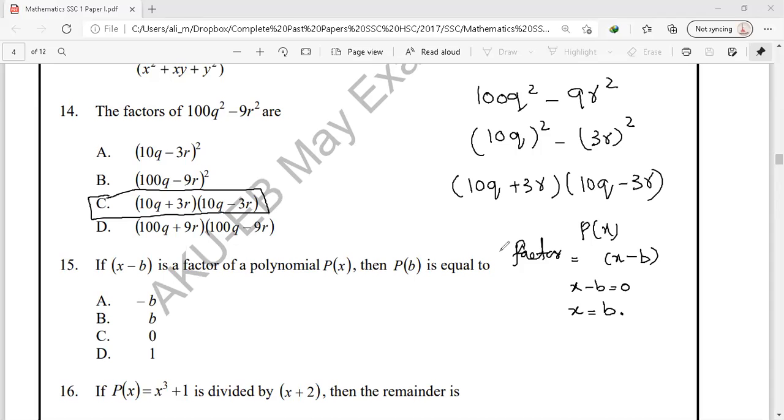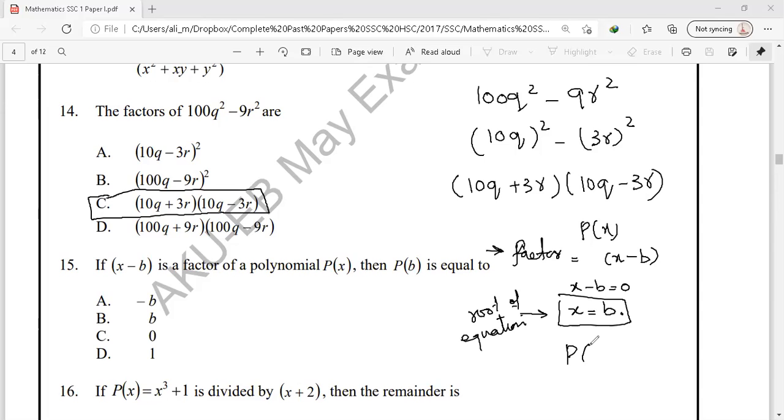So we know that this is the factor, and the value of x from this factor is known as the root of the equation. The identification of a root is such that if we put in the value of x, then the value of that polynomial or expression should be equal to 0, because this value is extracted from our factor.